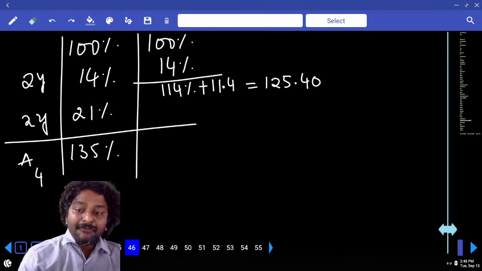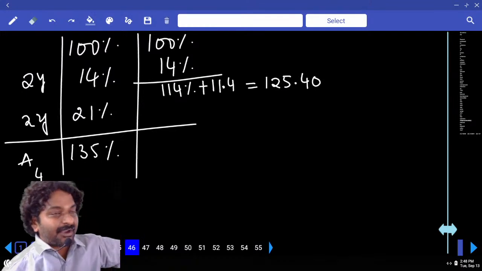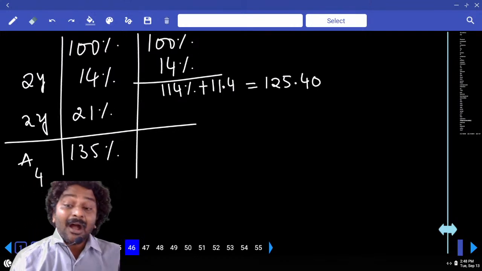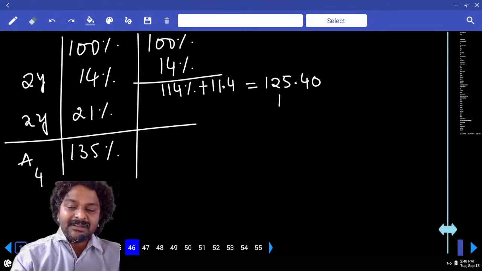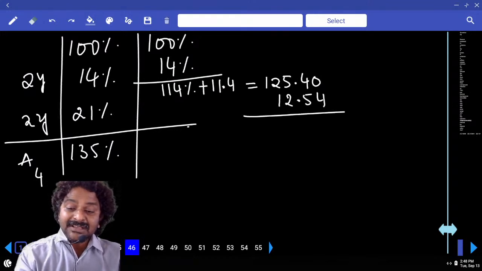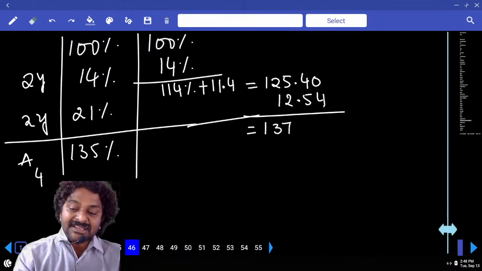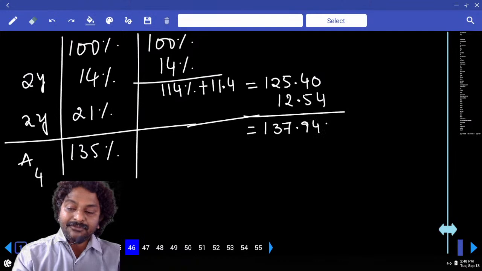For the fourth year, the principal becomes 125.40. On that we have to calculate 10%, which is 12.54. So after 4 years, the amount becomes 137.94%.